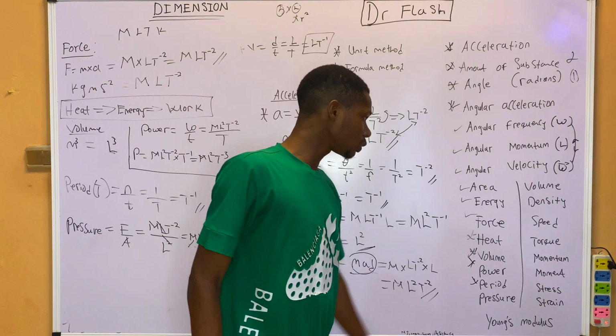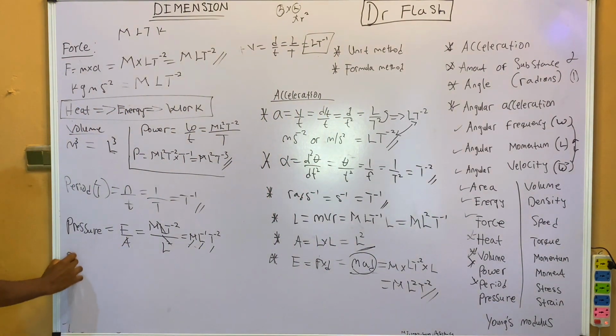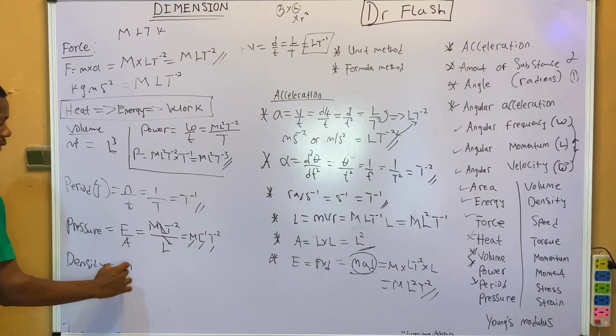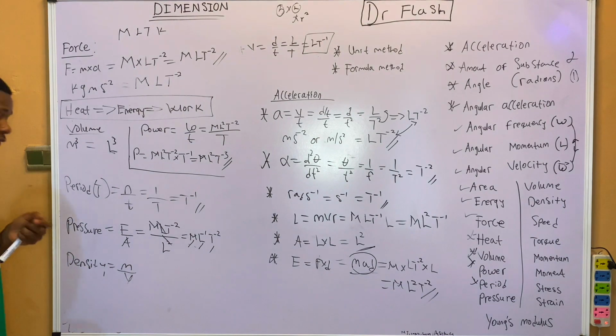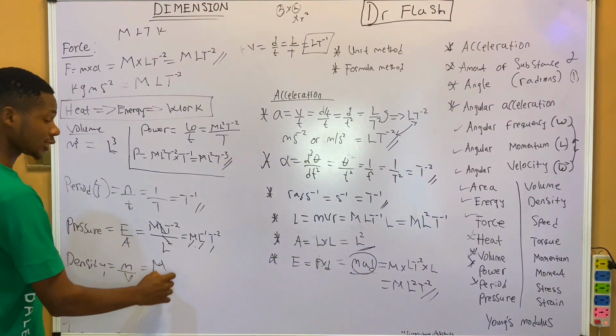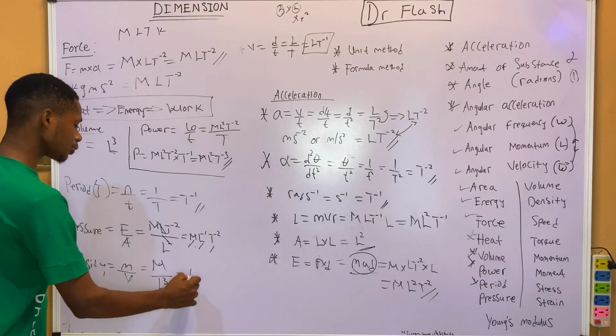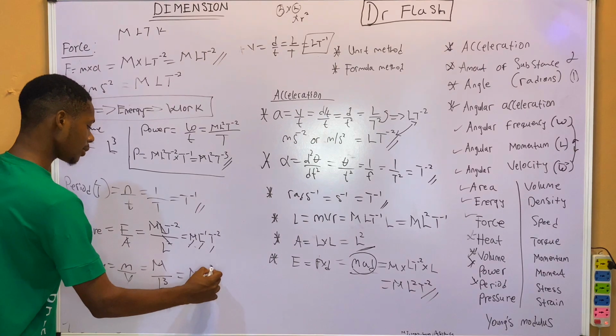The next one on the board is density. From the formula, density is mass over volume. Now what is the dimension for mass? It is capital letter M, it is not changing. And then volume we've done, that is L³. That gives us ML⁻³.